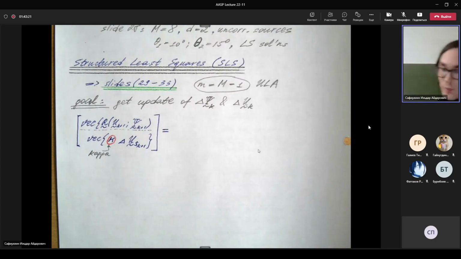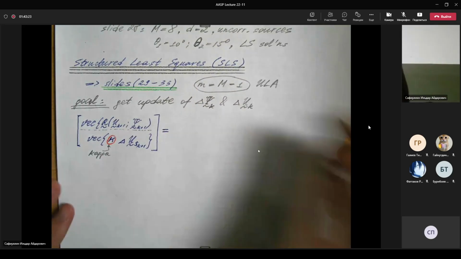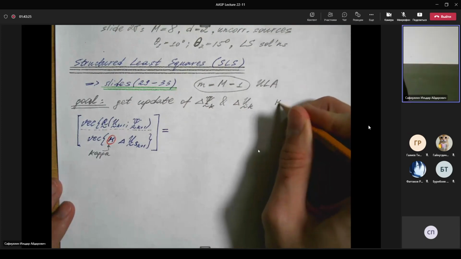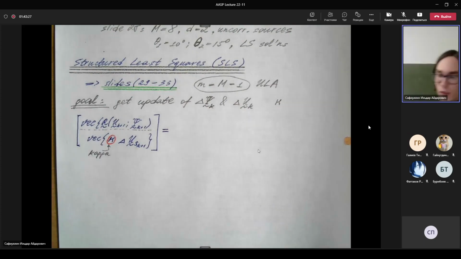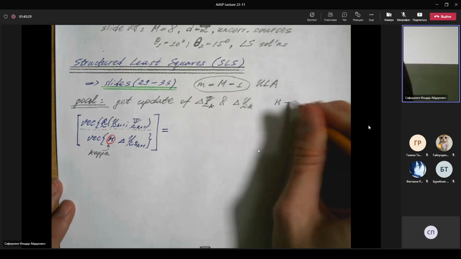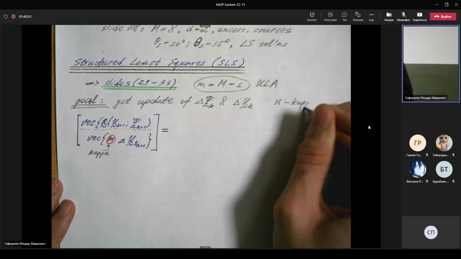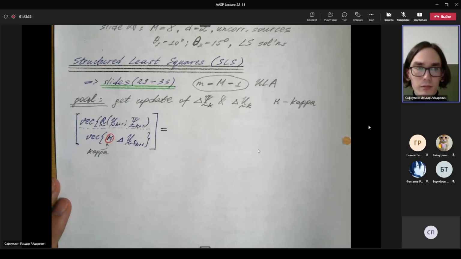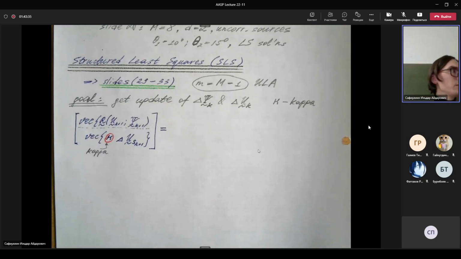It is just kappa, from the Greek alphabet: alpha, beta, gamma, etc. And also we have kappa.